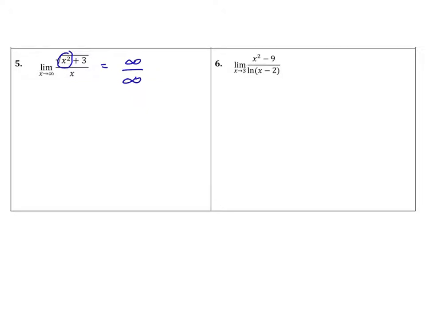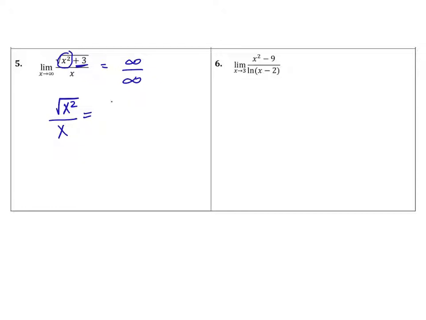So we have to do some theory here and think about, as x values grow infinitely large, this plus 3 is really not going to be as dominant as x increases in value. What is going to be dominant is going to be the square root of x squared. And then in the bottom, the only power we have is x.